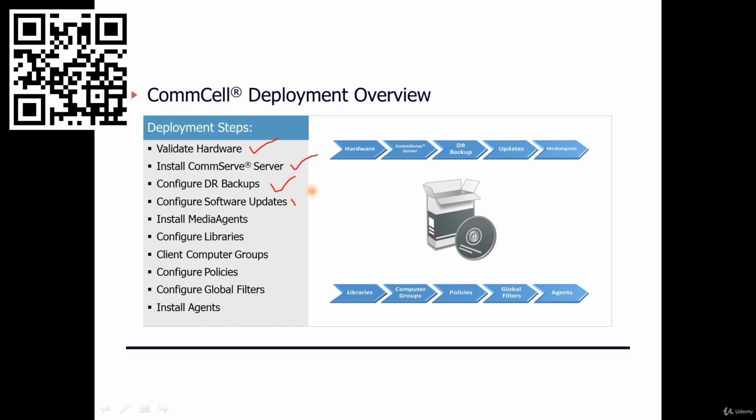Then we will configure the software updates. If we need to install additional media agents, we can push the media agents. Then we will configure the disk library, we will configure the client groups, then we configure the policies, then we look at how to configure global filters, and then we finally configure the agents on remote clients to protect them with the help of our Commvault platform.